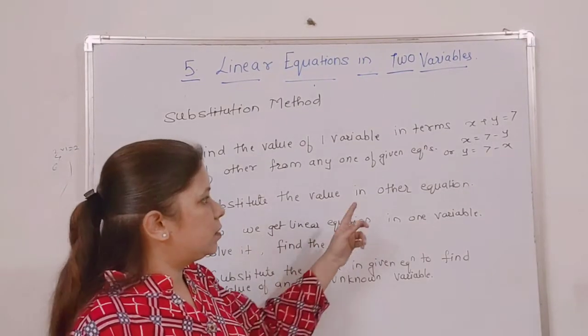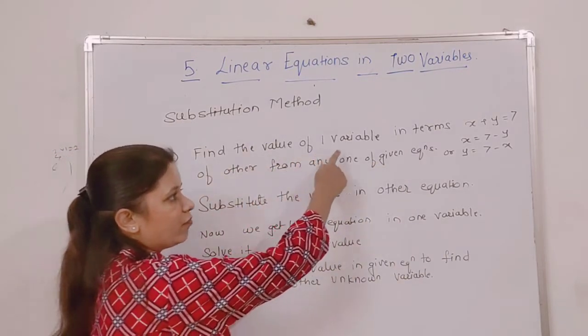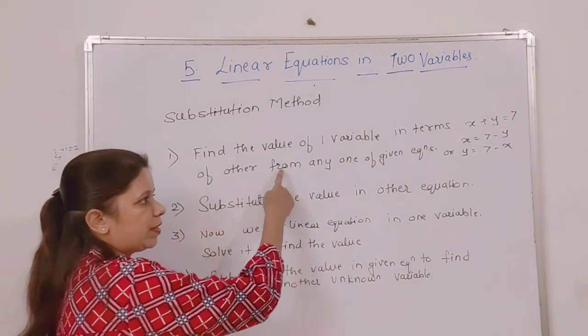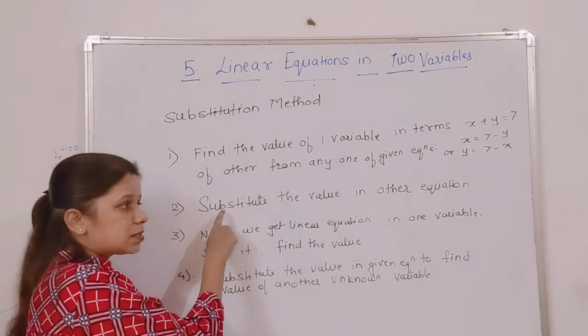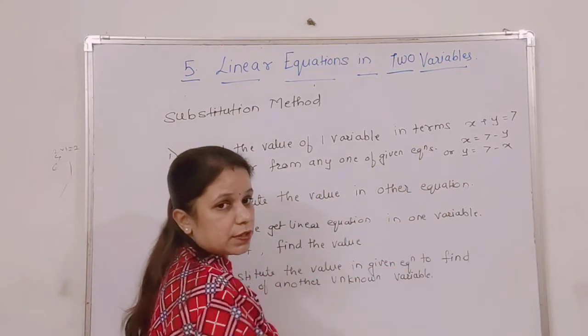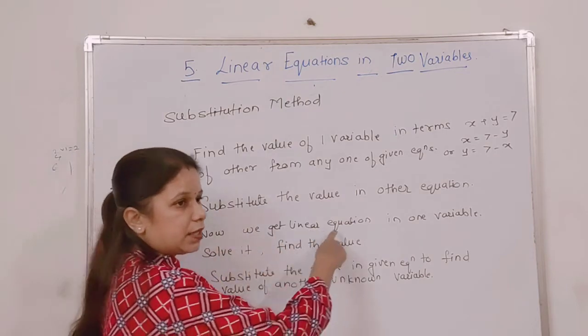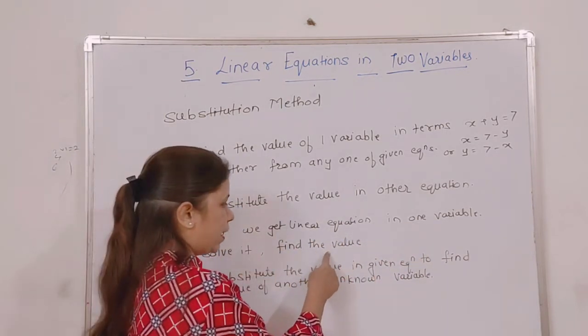So we will just see the steps again. Find the value of one variable in terms of the other from any one of the given equations. Second step, substitute the value in the other equation. Third step, now we get a linear equation in one variable, solve it, find the value.